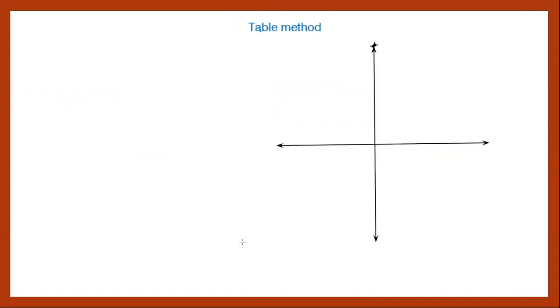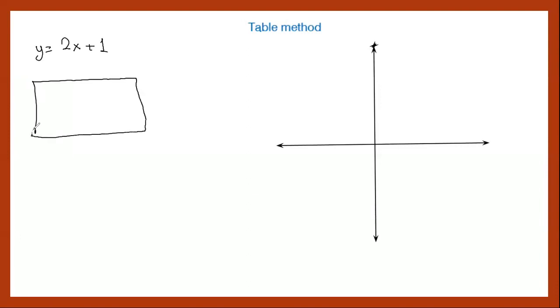Remember, I have y equals 2x plus 1, or anything. And the question is saying draw the graph of this by the table method. What I do is draw my table there.